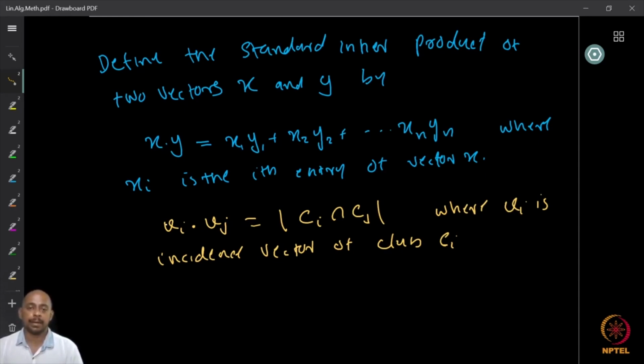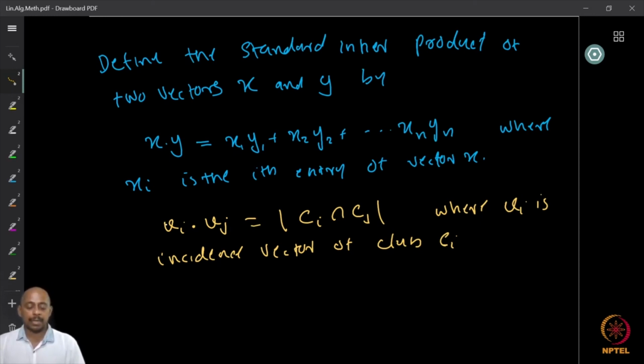Now, if you look at vi dot vj, where vi is the vector for the ith club and vj is the vector for the jth club, we have to look at the entries of vi, 1, 2, 3, etc. up to n.